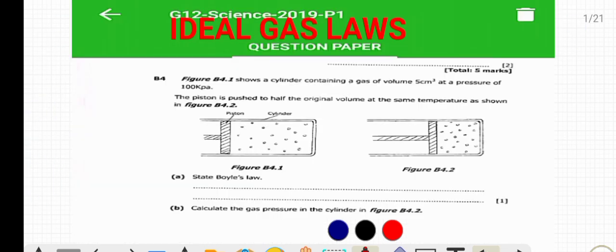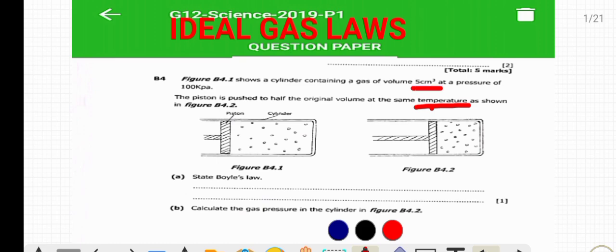It reads, figure B 4.1 shows a cylinder containing a gas of volume 5 centimeters cubed at a pressure of 100 kilopascal. The piston is pushed to half the original volume at the same temperature. So in this case, temperature is kept constant.